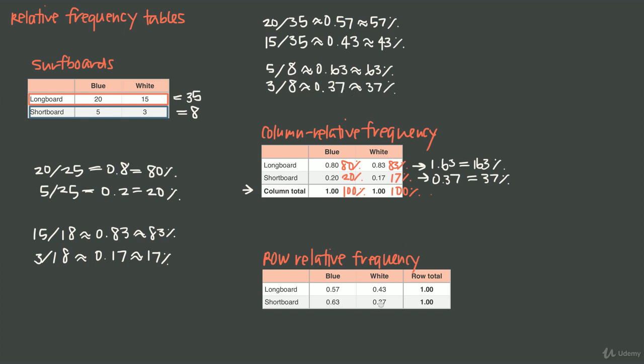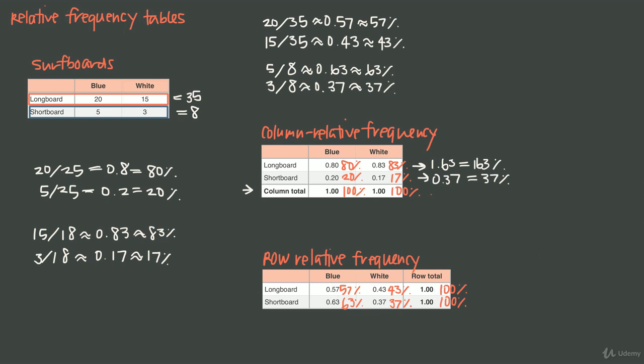And just like with the column relative frequency, it's equally acceptable to put 57%, 43%, and then 63% and 37%. Then I just want to make sure that in my row total, I have 100% and 100%. So I could express these as percentages or as decimals like I have them.